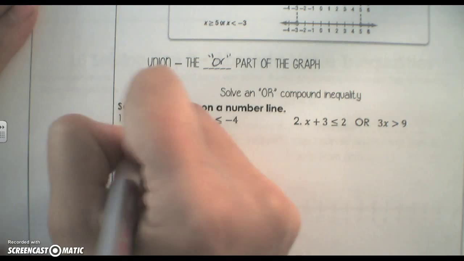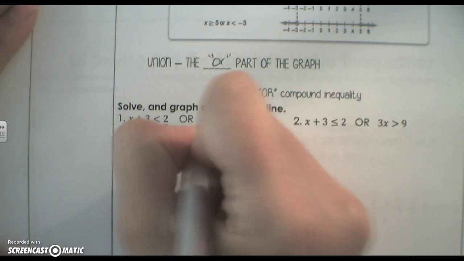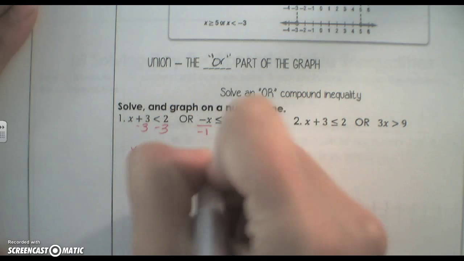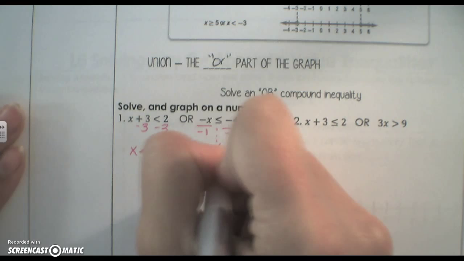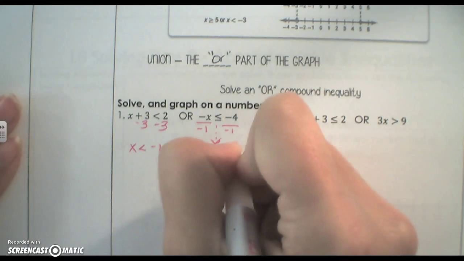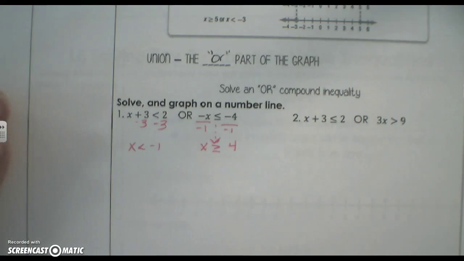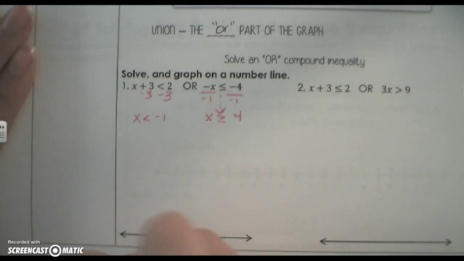So first step, -3, x is less than -1. Over here, we're going to divide by -1, and what happens when we divide by a negative? Oh, we switch that sign. Don't forget to switch that sign. And we get +4 there. All right, so graphing this, we're going to have -1, and 0, 1, 2, 3, and 4.